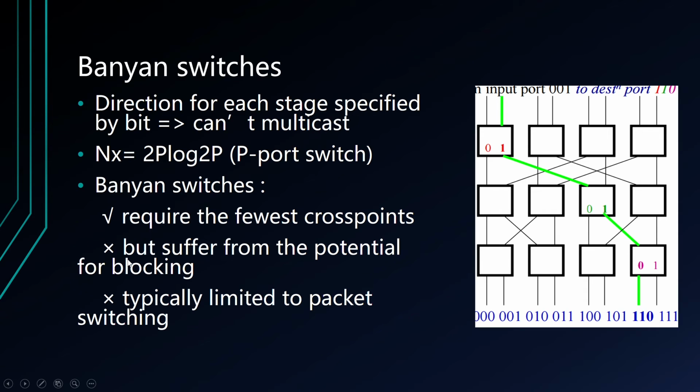There are also some drawbacks, because they suffer from the potential for blocking and are typically limited to packet switching. And the output port bit 0 means turn left and 1 means turn right, so the connection goes just like this.